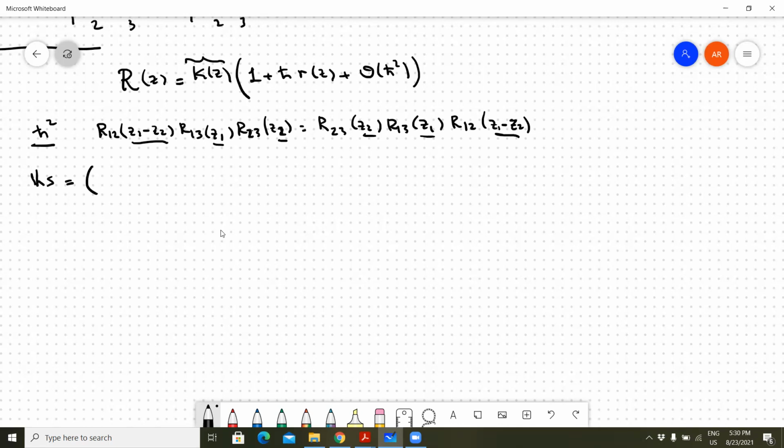Okay, so let's start. So R12, we'll write this as 1 plus h bar r12 of Z1 minus Z2 plus order h bar squared.